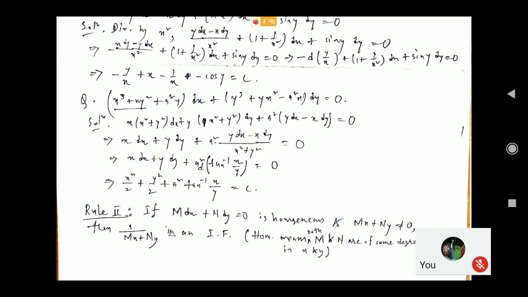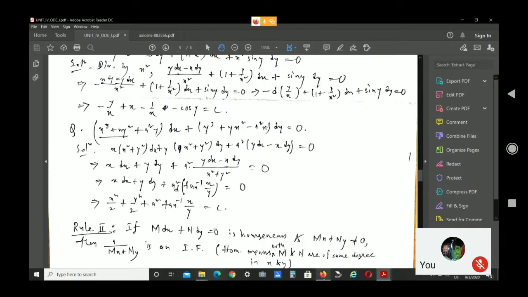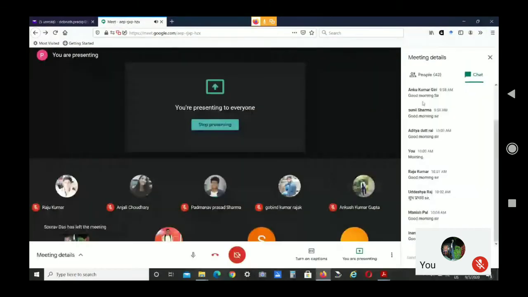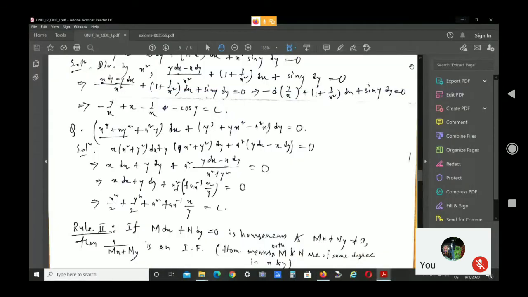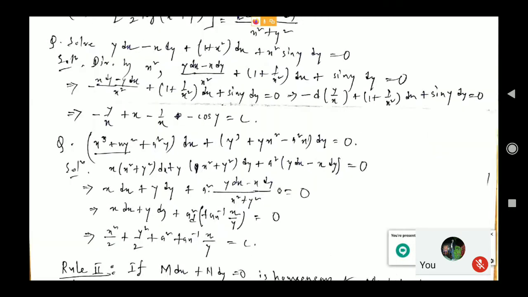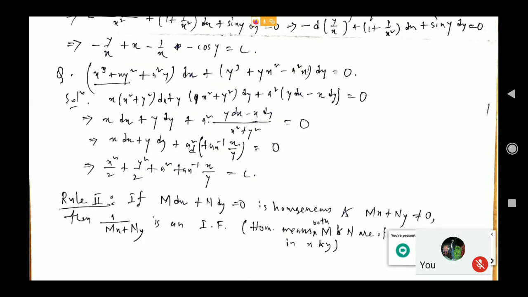Then we see if the given equation is homogeneous. Homogeneous means M and N both are of the same degree in x and y.